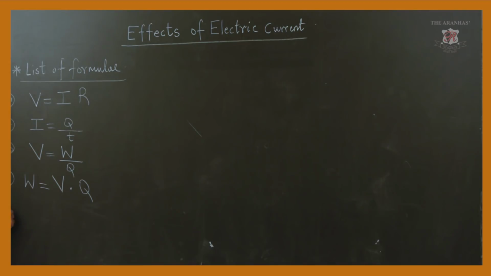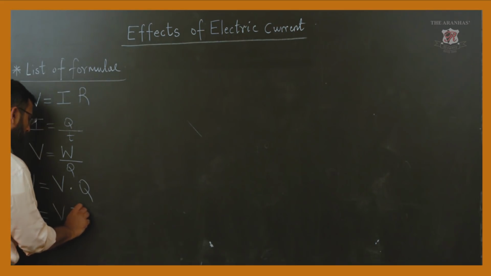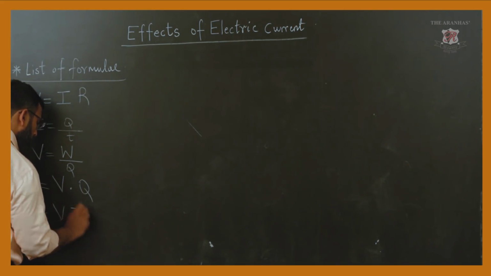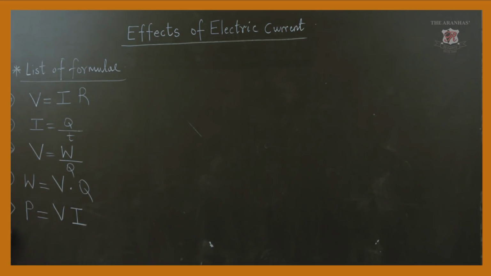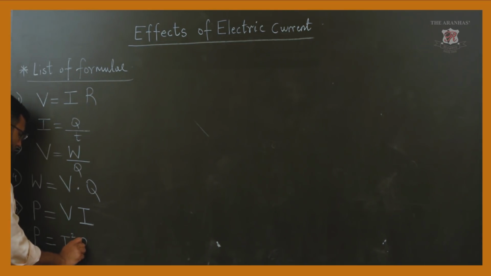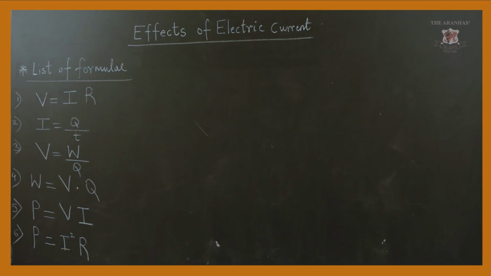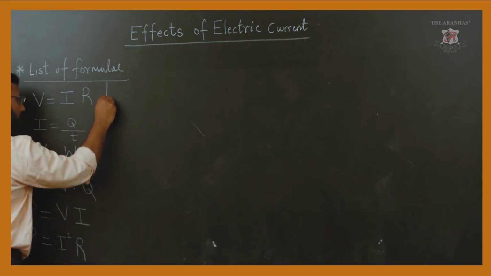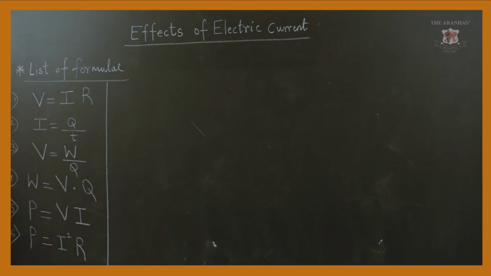Then we have power, which is product of that potential difference and current, or can be written as I square R. So these are some of the basic formulae.